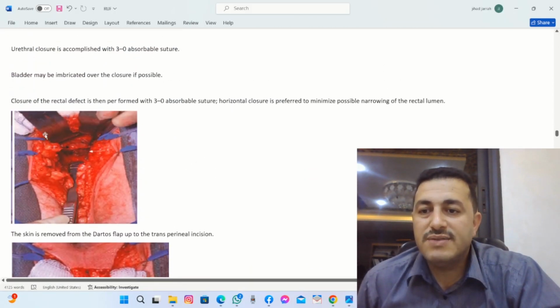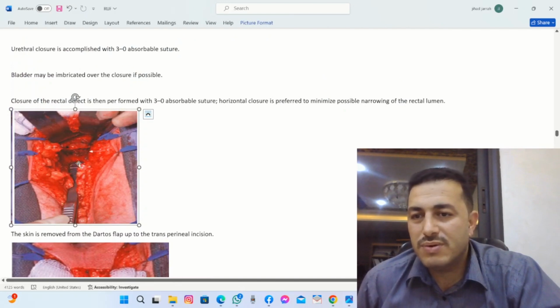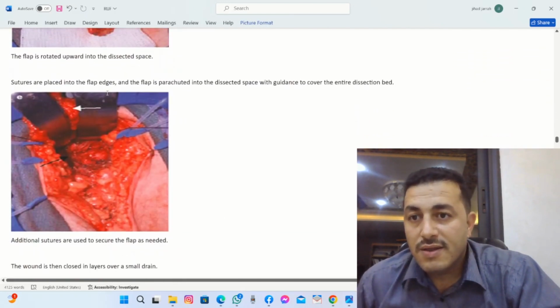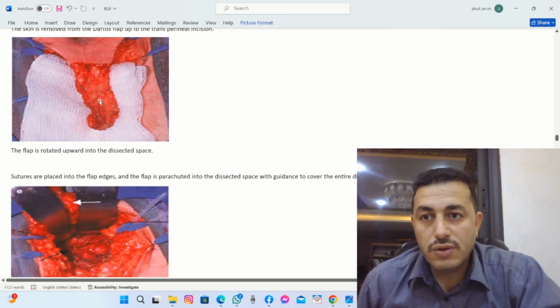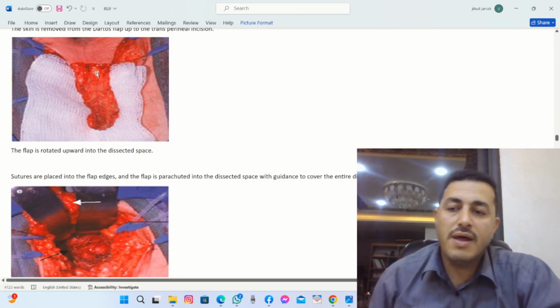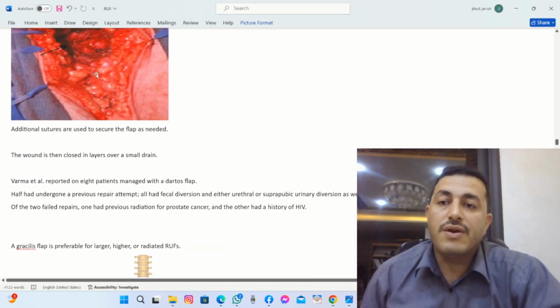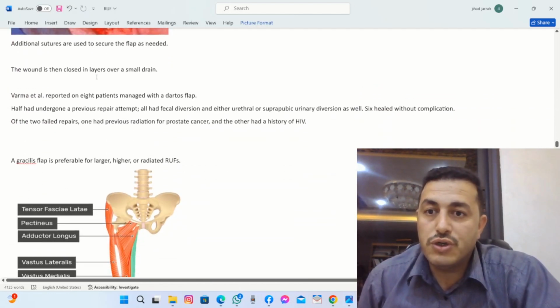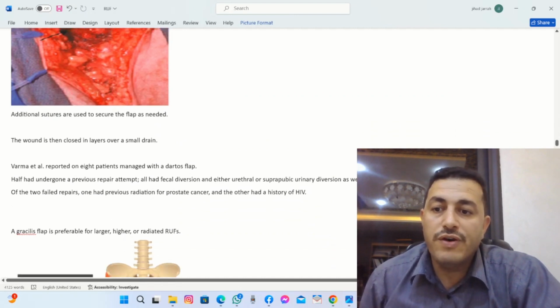I doubt that this picture will be helpful for you, but you can see that they bring this tissue, the dartos muscle, and they put it between the rectum and the urethra. This is the first option, and then you close it over a drain.